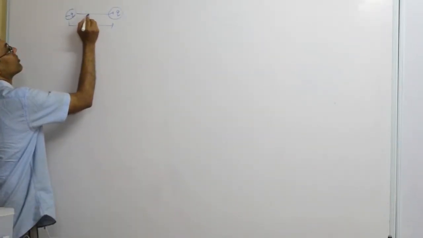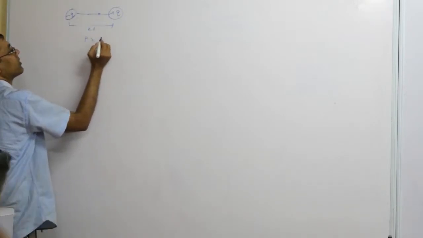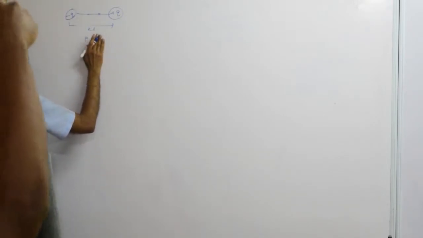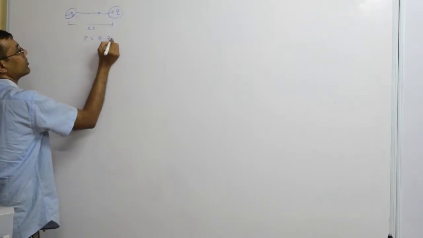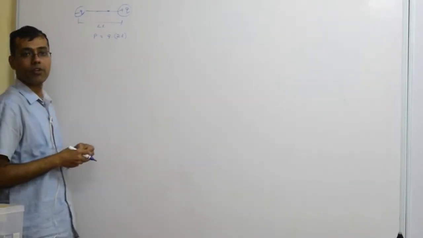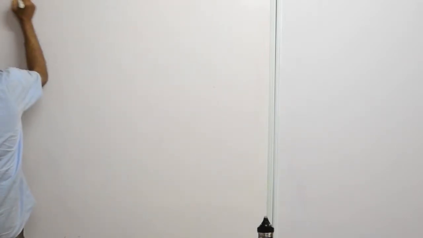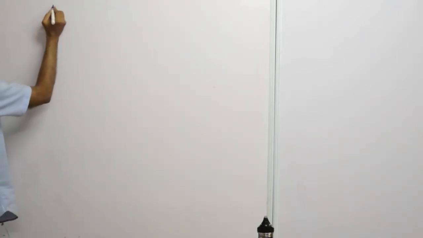So the electric dipole moment P is defined as Q into 2L. And we did something like along the axis, right? So along the axis, what was the electric field?